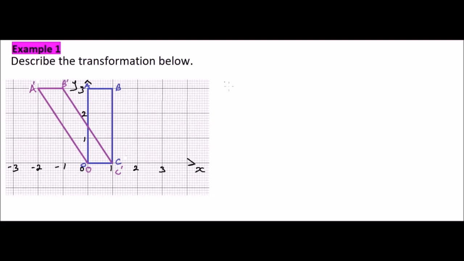This kind of transformation is what we are referring to as shear. So we can say the transformation is shear, just like you pull something elastic. We have said that to describe shear, we do it in 2 steps.